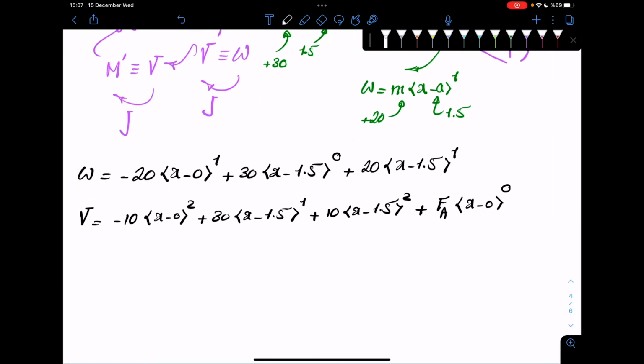Then you integrate it again. Now you would have minus 10 over 3 x minus 0 to the power 3 plus 15 x minus 1.5 squared.